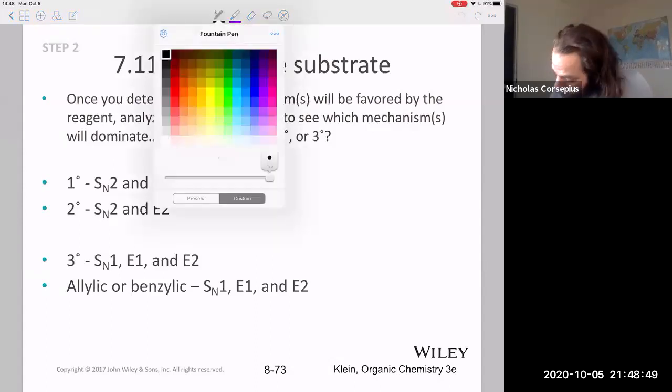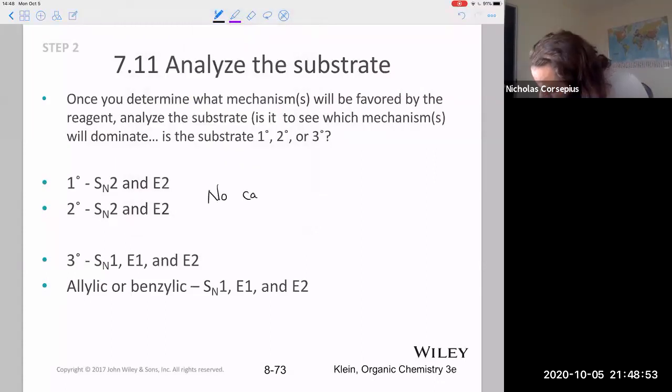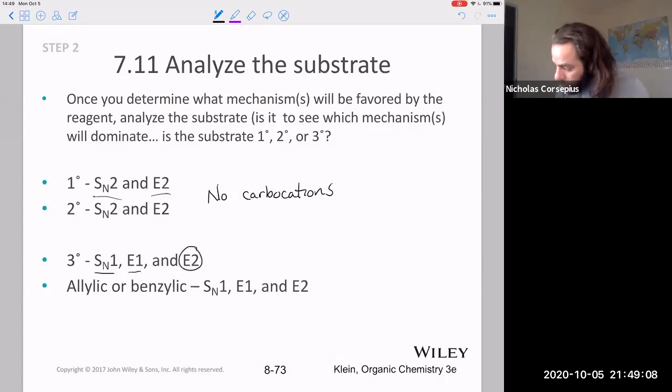These primary and secondary alkyl halides cannot form carbocations, so the only mechanisms that they can undergo are SN2 and E2. Tertiary ones can undergo SN1 and E1, but they can also undergo E2 reactions in certain circumstances.